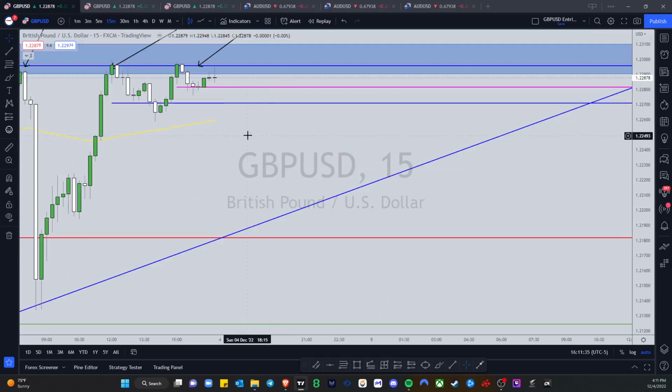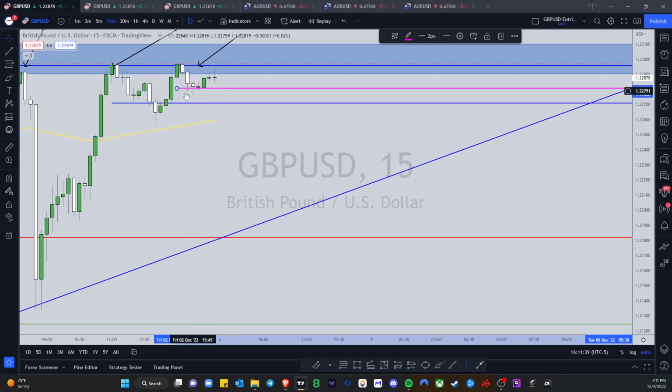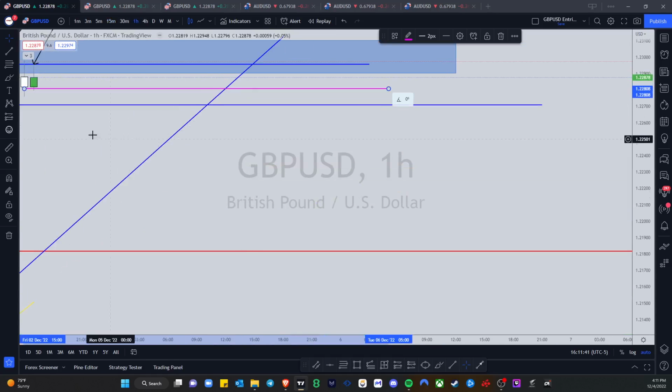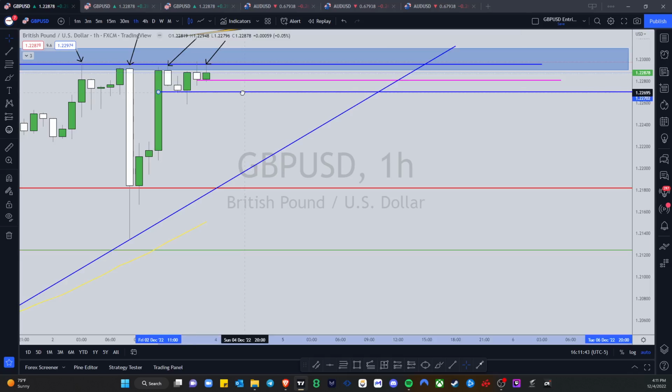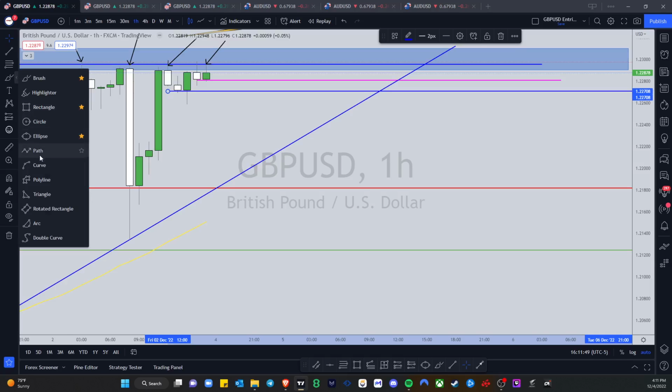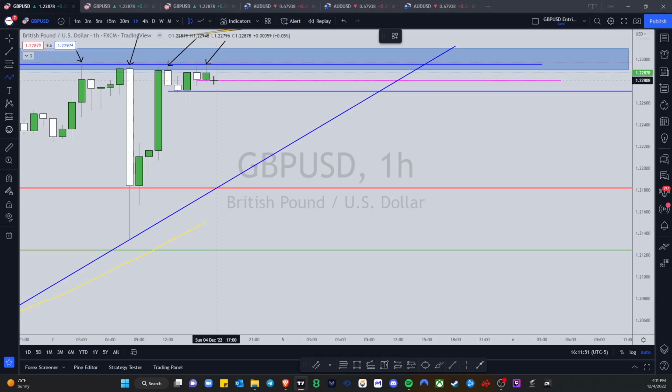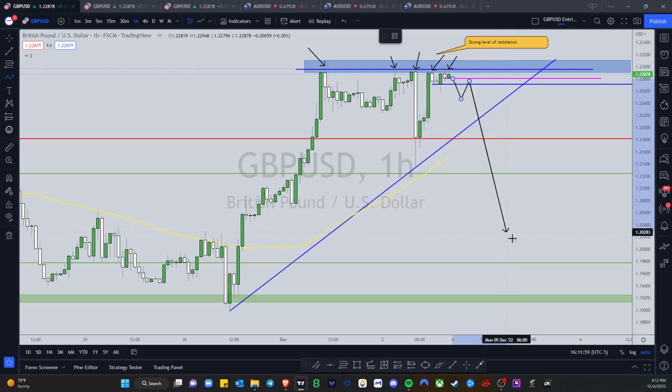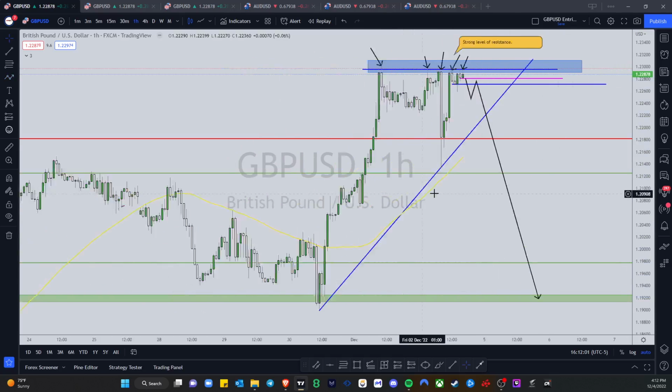But right now, I'm looking for this level to break on the M15, and this blue line right here, for the structure to break and to do a retest, right? So what I'm looking for is something like this: break, retest either here or here, doesn't matter. I'm gonna just put it in the middle, and then my TP is somewhere down there.